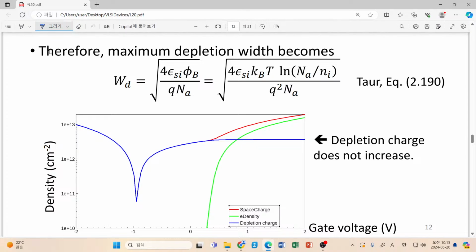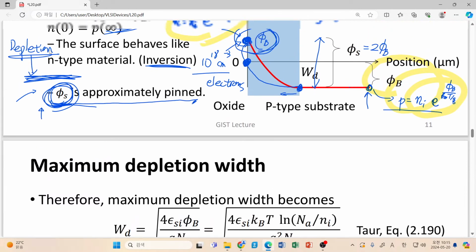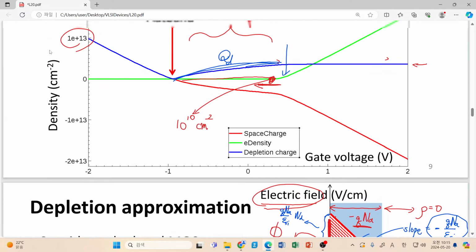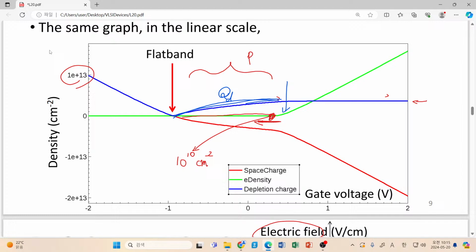And you know that here, beyond this point, actually the depletion charge does not grow at all. So it is almost constant in this semi-logarithmic scale. Well, if you don't like a semi-logarithmic scale, then let's come back to our linear scale. This is a really linear scale graph. Then what happens? Can you recognize?